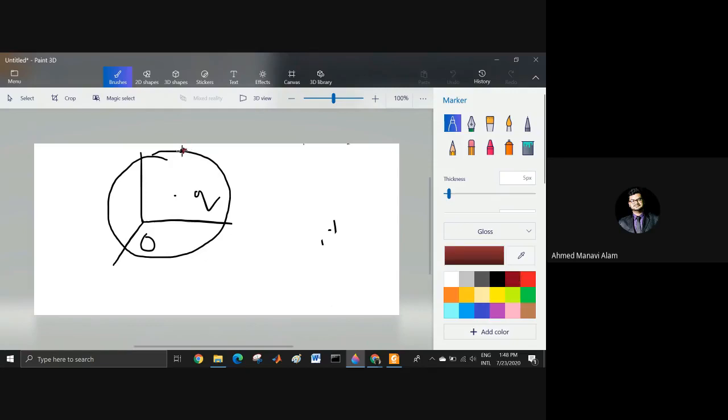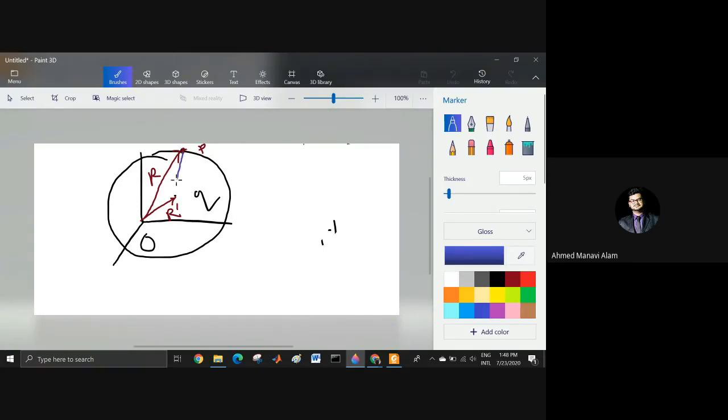This is the point I want to find the electric field intensity, suppose P. They have given me the distance from the origin to the charge, and that is R prime. They have given me the distance between the origin and the point I want to find the electric field intensity, and that is R. But my matter of interest is this distance.